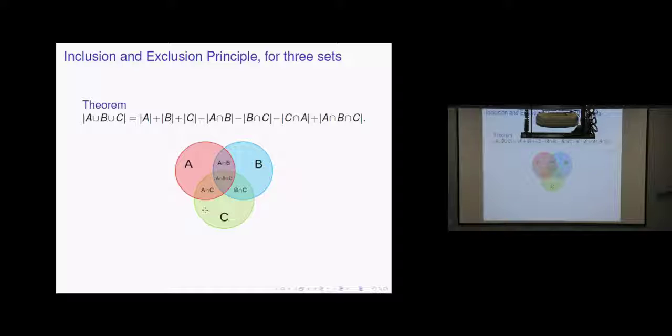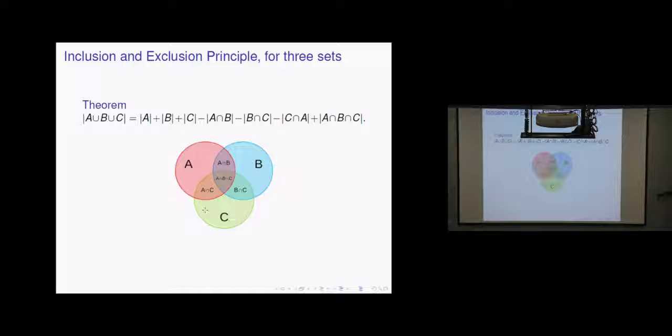So this purely red part, I counted once. Okay, so this is all right. The purely blue part, again, I counted once. This is correct. And the purely green part, I also counted once. Okay, right? So these 3 things, if I add them, I count the pure red, pure blue, pure green once.